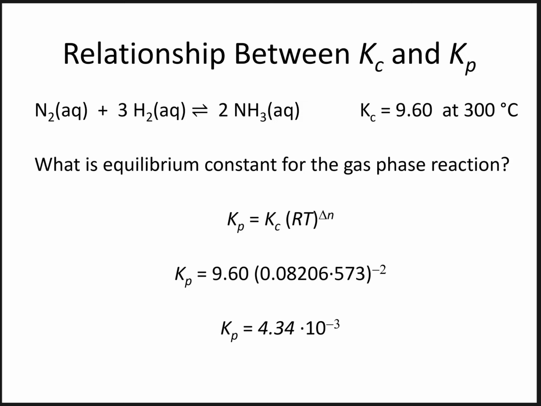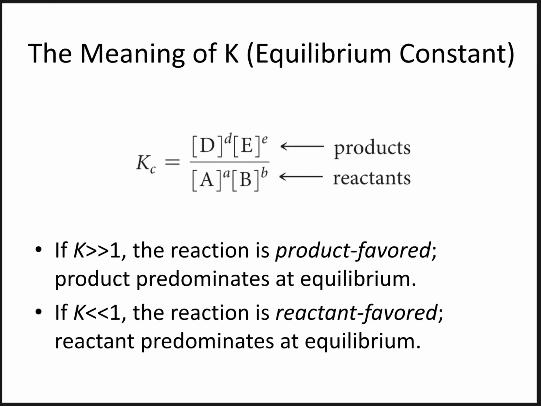However, going into the gas phase, this reaction now has an equilibrium constant less than 1, meaning that it's reactant-favored, which really created a problem for Haber, and one of the reasons he had so little ammonia being created at any given instant. So the meaning of equilibrium constants is important for us to understand where the value of K lies with respect to being a product-favored or reactant-favored reaction.